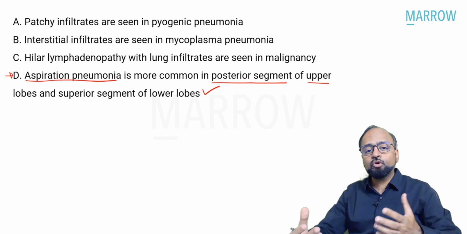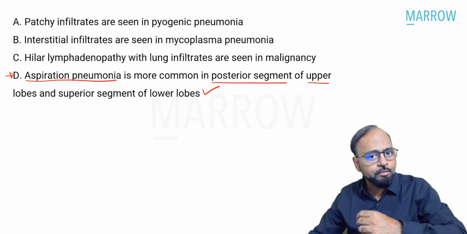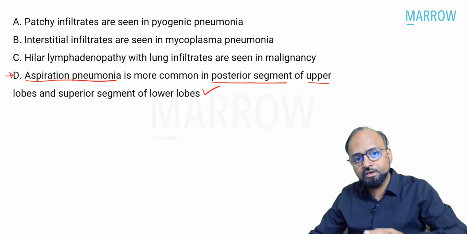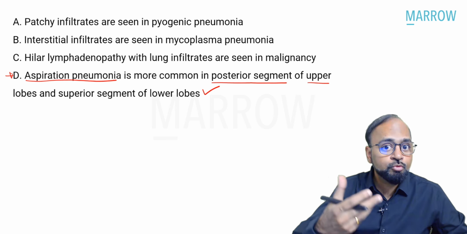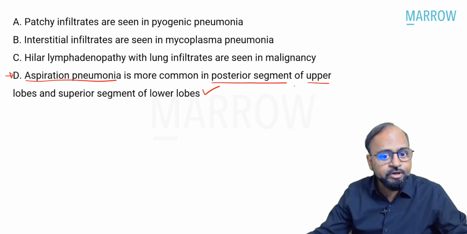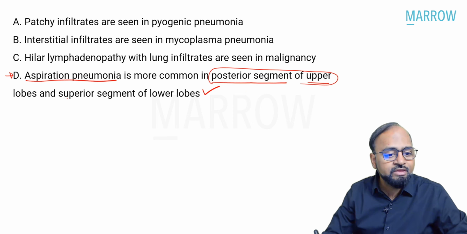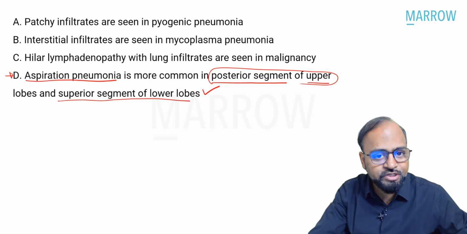But see, aspiration pneumonia, when a patient is, say, an alcoholic patient, with altered sensorium, lying down, something gets aspirated from the esophagus, or the patient vomits, goes directly into the trachea, it would go to the most dependent part as the bronchus goes, right? The most dependent portions where this aspirate would reach is indeed in the posterior segment of the upper lobes and the superior segments of the lower lobes. So this is a correct statement.